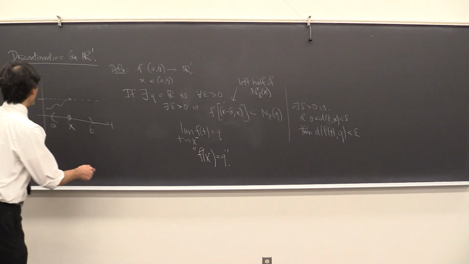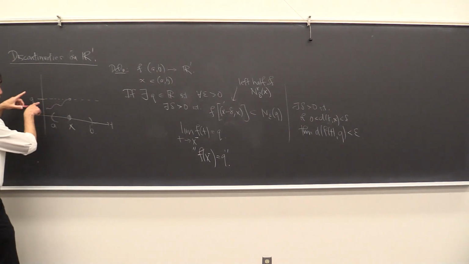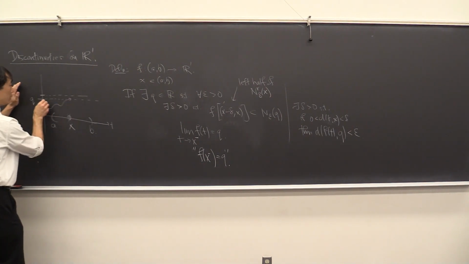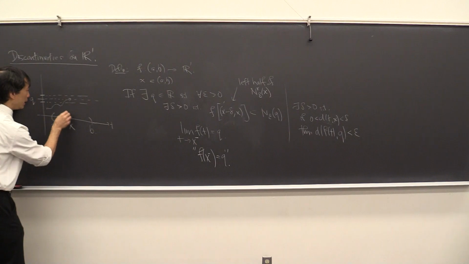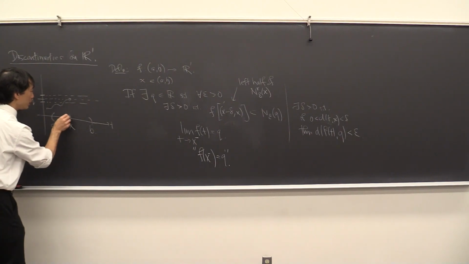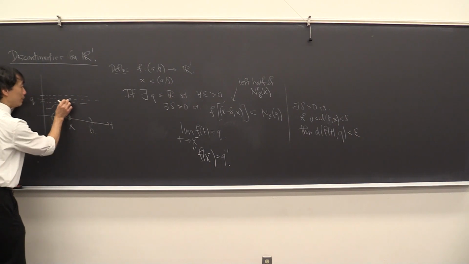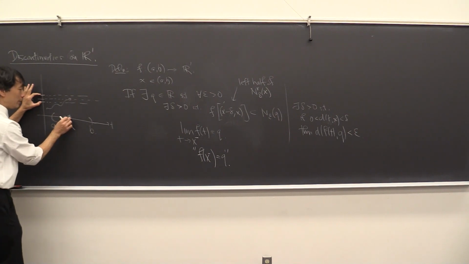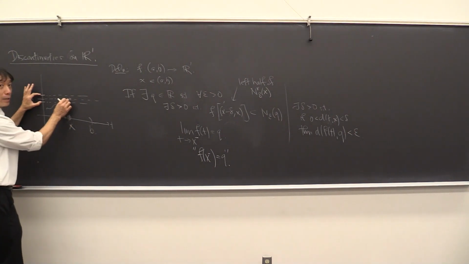So given the picture as usual, for the left-hand side, given any epsilon, you can find a left-handed neighborhood in which all these points get mapped into that epsilon neighborhood. No matter what epsilon neighborhood you take, there's a left-handed delta neighborhood that gets mapped inside it.